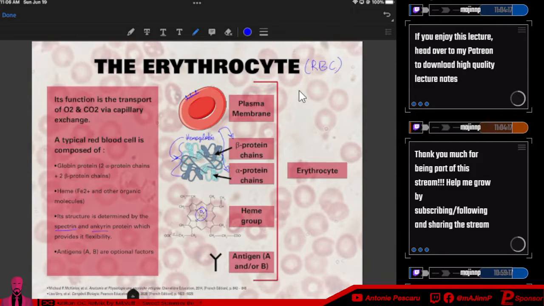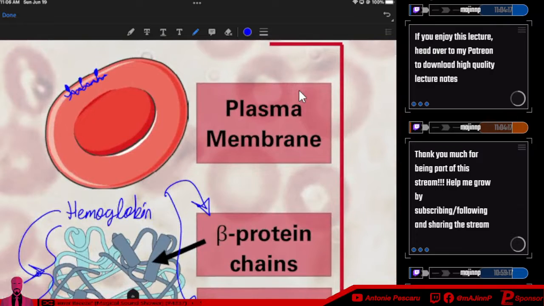Finally, there are antigens A and B, actually either A or B or both, or none at all, that can be present around the membrane of the red blood cell.